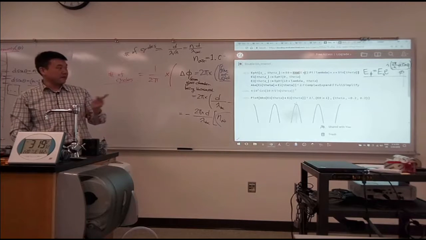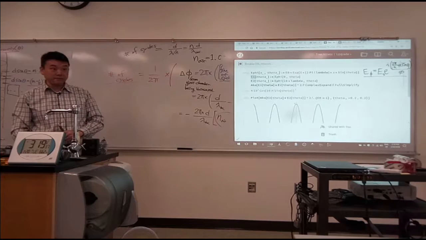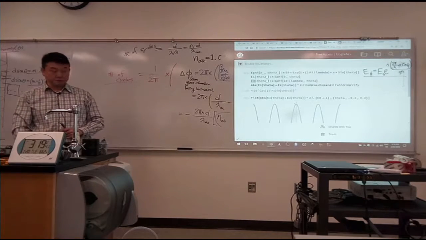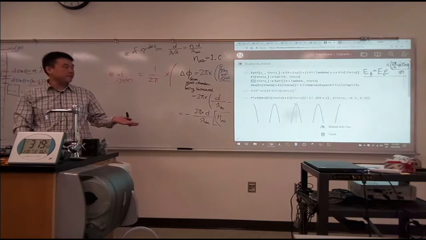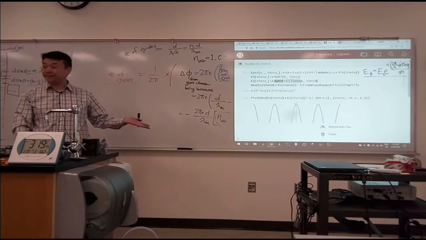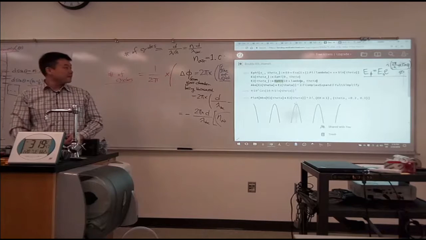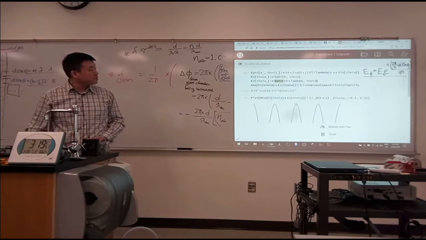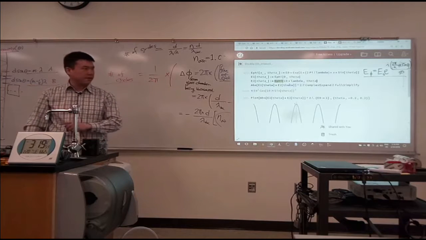I'm defining this because I'm going to use it to specify my electric field from slit number 1, zero phase, electric field from slit number 2. I set it to be 10 wavelengths apart. Good? All right. So I think this is a calculation we have done in class.